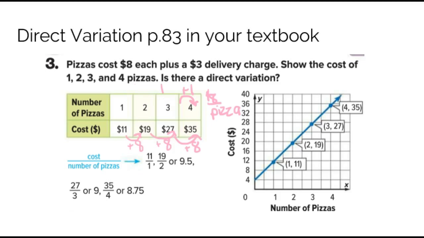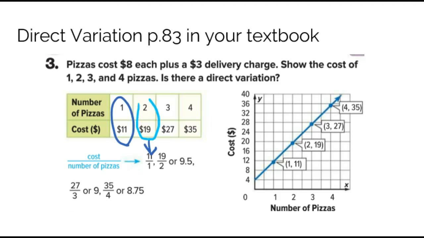I'm going to erase this, and now we're going to figure out the proportionality, which is written right here. So first we have $11 per pizza. The next group of data, we have $19 for 2 pizzas, or $9.50 per pizza.